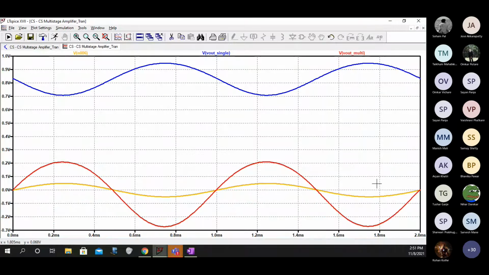So you can see these things, that is, you get an increased output.